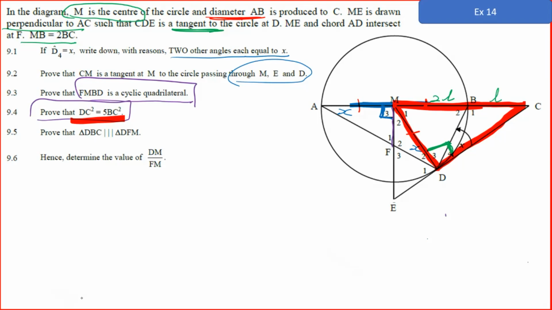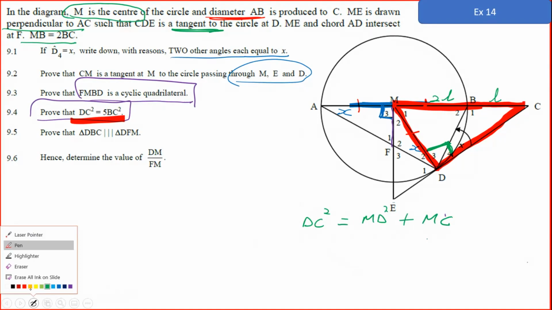Well done. Now, what is Pythagoras actually telling us? Pythagoras will tell us that DC squared is equal to MD squared plus MC squared, am I right? Totally wrong. That's bad.